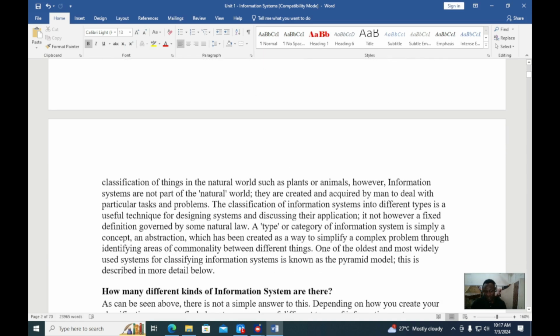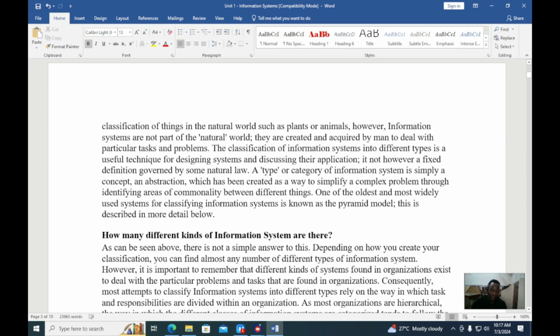There is a very long history of classification of things in the natural world, plants, animals. You've learned that in biology. But information systems are not really part of the natural world. We are creating them. Man creates information systems to deal with some particular task and even problems.